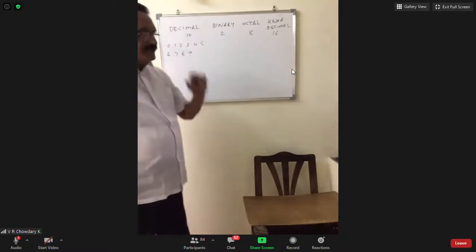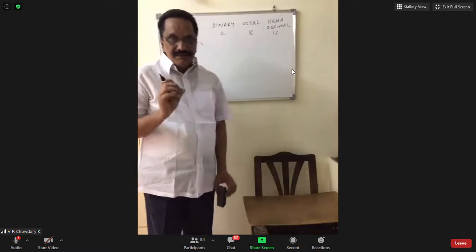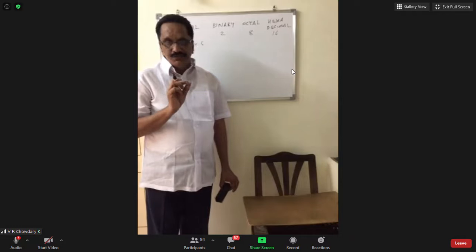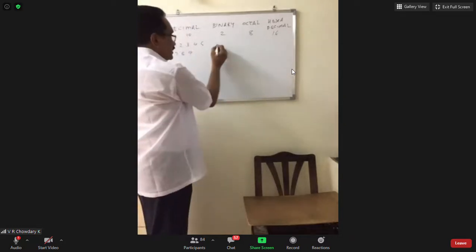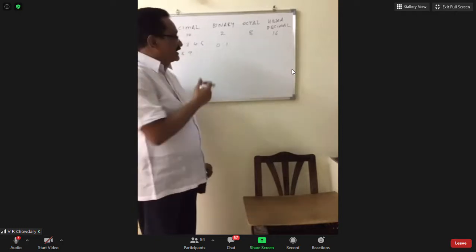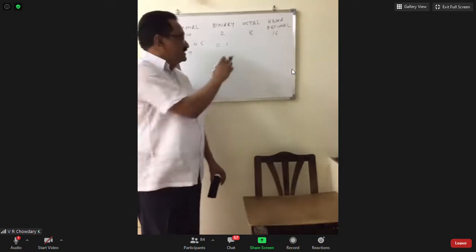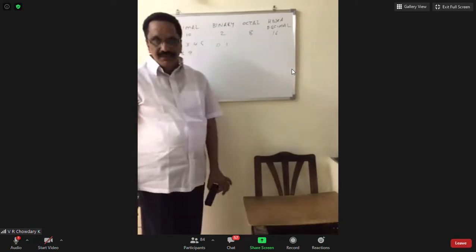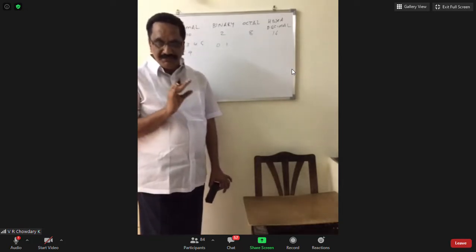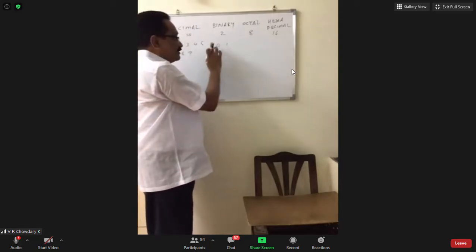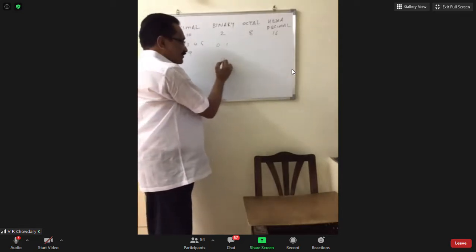In the case of binary, the base or radix value is 2. That means it has only 2 symbols. Those are 0 and 1. So in the binary number system, 1 quantity is represented by symbol 1. 2 quantities are represented by, same as with the decimal number system, the second digit followed by the first digit, that is 10.